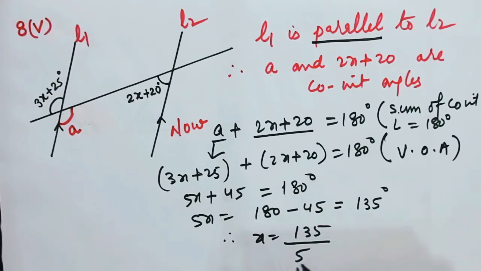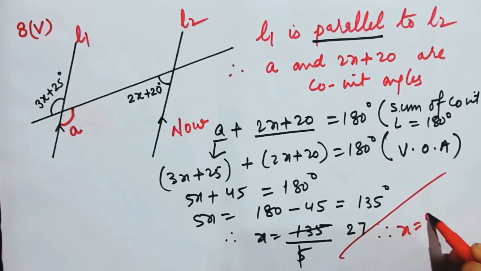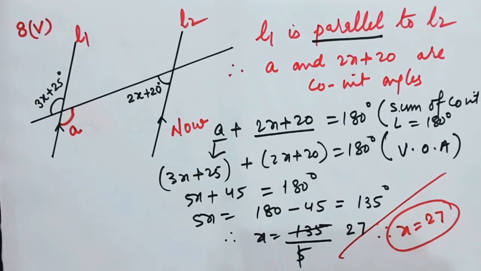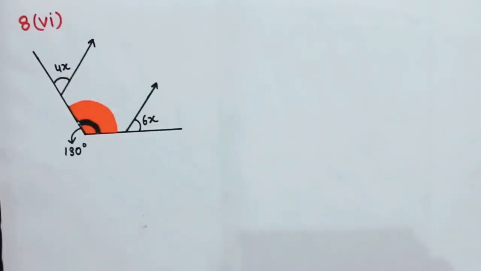Let me cancel it. 5 2 times 10 and 5 7 times. Therefore, x will be equal to 27. So we have found out the value of x. Here we shouldn't write in degree form. I hope this is the last one.